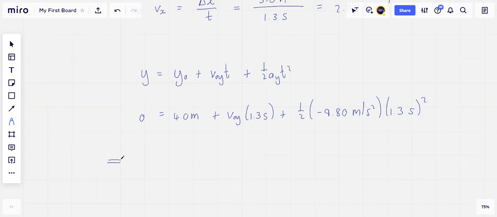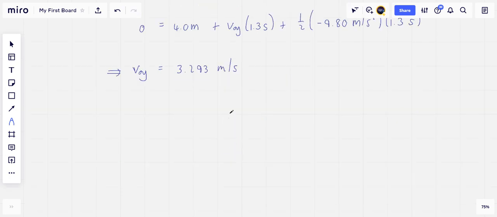We can rearrange and find the initial y component of her speed, which is 3.293 meters per second.